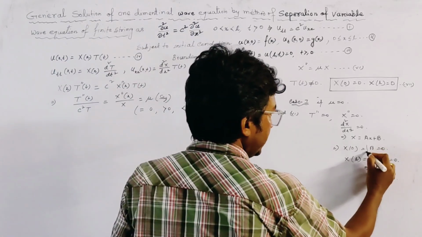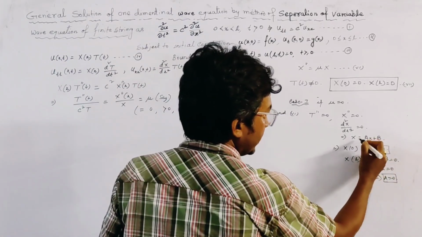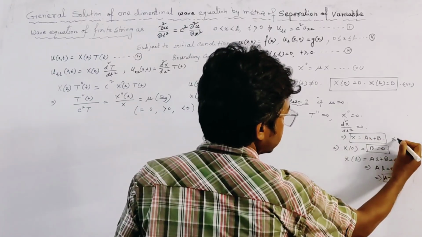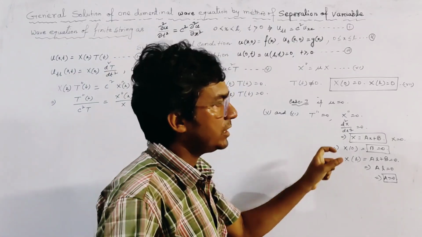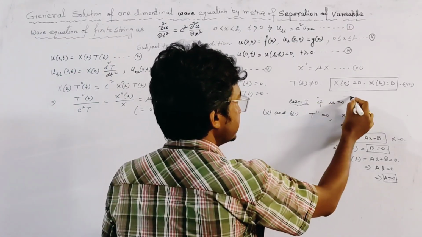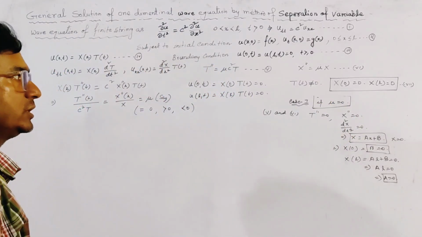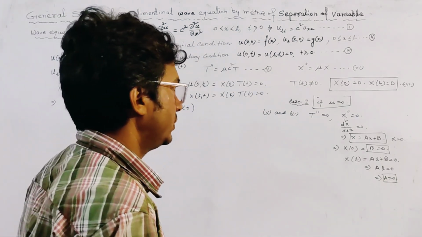So we get X equal to 0. This is a trivial solution, so we reject the case mu equal to 0. Clear? We reject the case mu equal to 0.